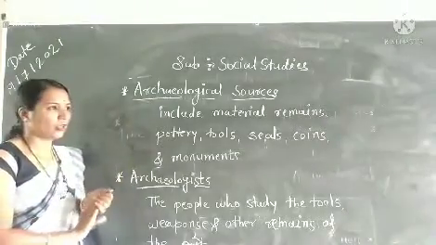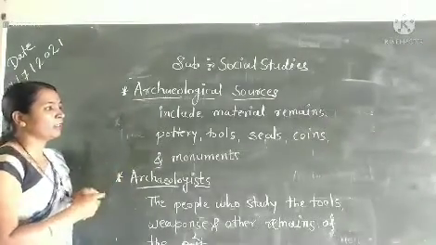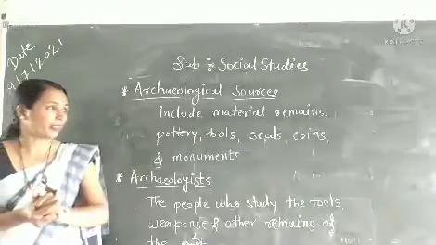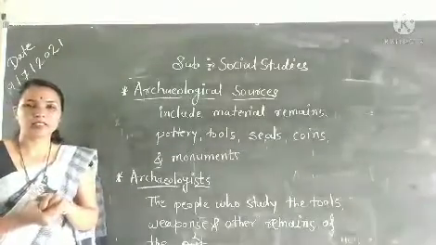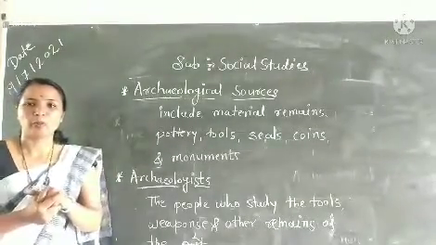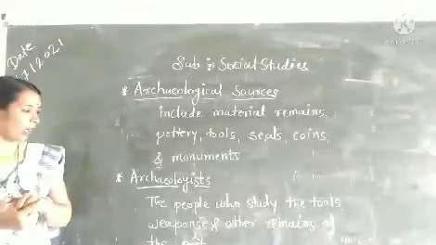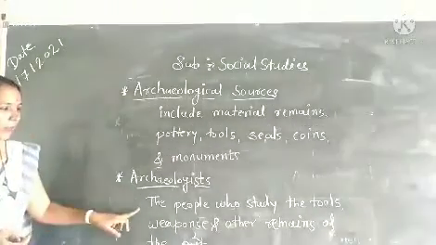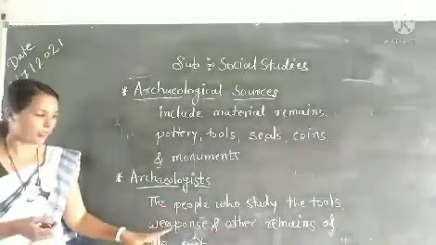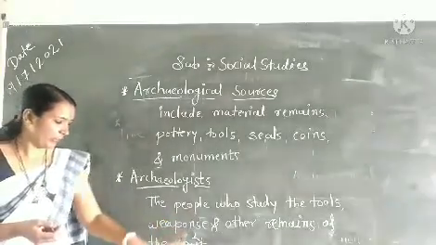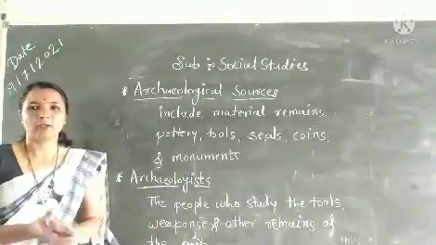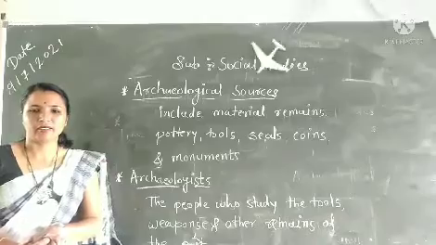Friends, let's start with archaeological sources. What is meant by archaeological sources? It includes material remains like pottery, tools, seals, coins and monuments. And whom do we call archaeologists? The people who study the tools, weapons and other remains of the past are called archaeologists.